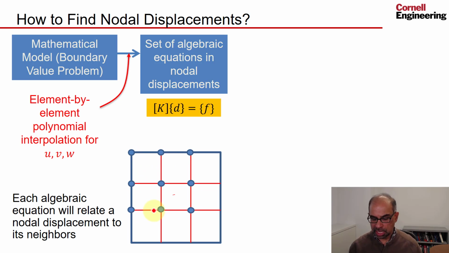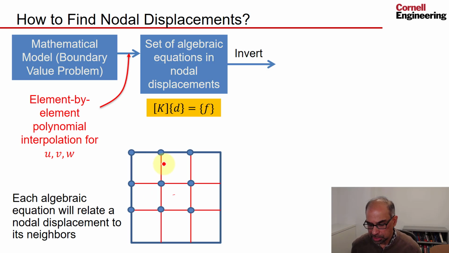This set of algebraic equations is usually written using the stiffness matrix, which you might have seen elsewhere, KD equal to F. D is a vector containing all these displacement values. At each node, we have 3 displacements for a 3D problem. And K will be a sparse matrix because of this property that each algebraic equation will involve only the neighboring values.